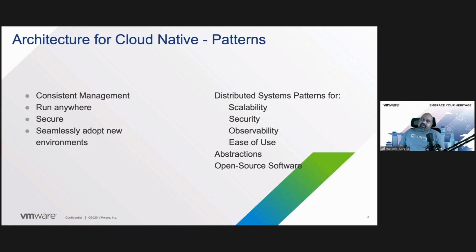So right off the bat, as far as just having microservice-based applications or distributed systems, you have the problems of achieving scalability, security, observability, and ease of use for teams adopting these practices quickly. And for achieving a multi-cloud ideal happy state, you also, in our view from the Steeltoe team, need to build on abstractions and also build on open source software.